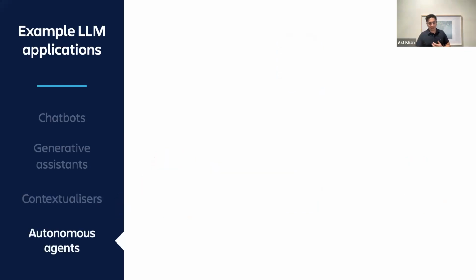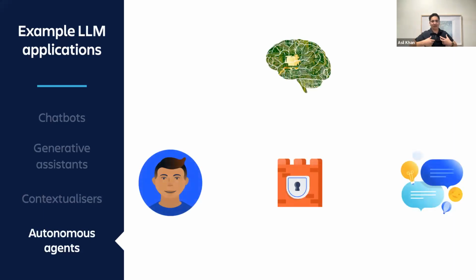They can also be used as an autonomous agent. In the example I'm going to show you, it's a moderation API, where if a user wants to interact with a message board or a chat thread that has some moderation rules, they can send a message to the moderation endpoint.